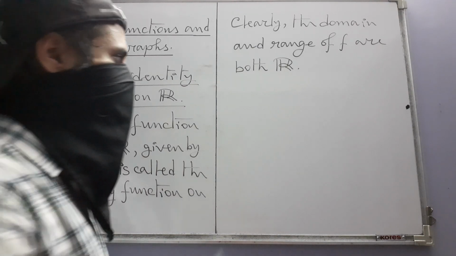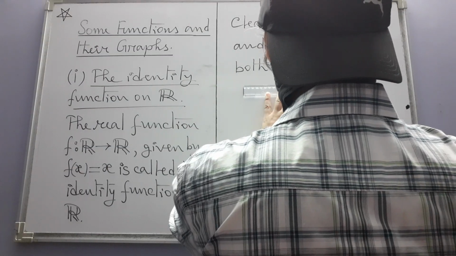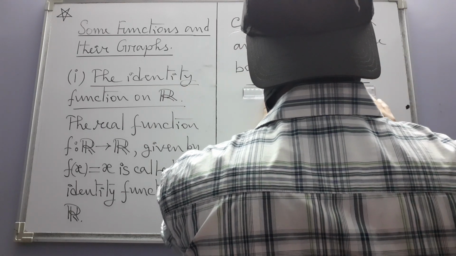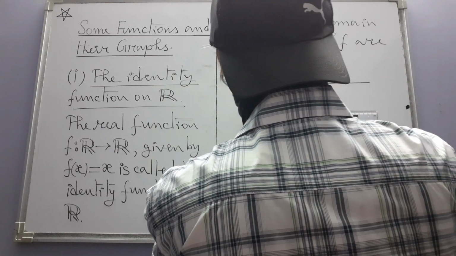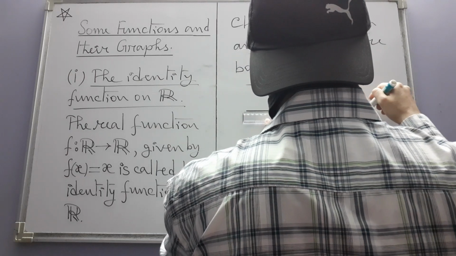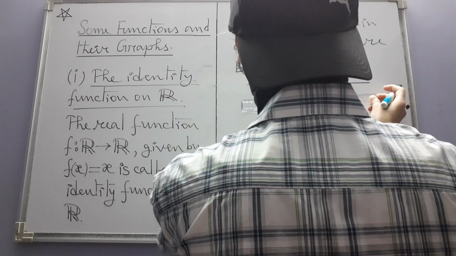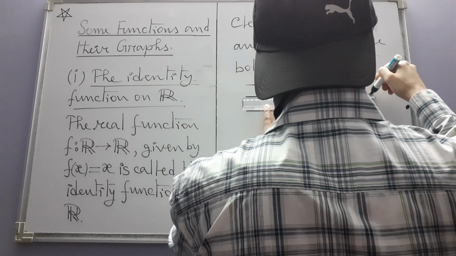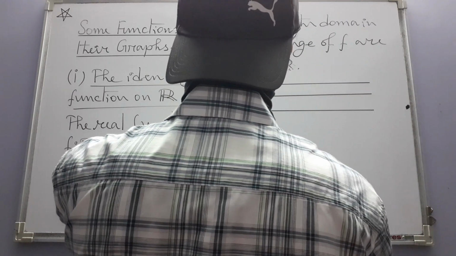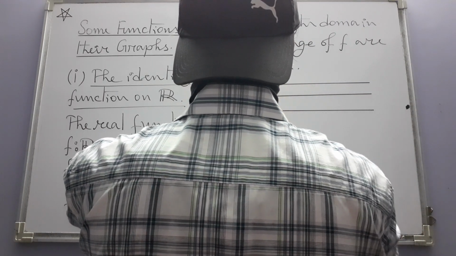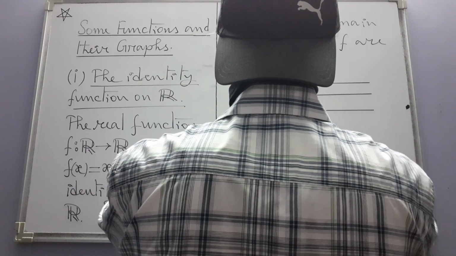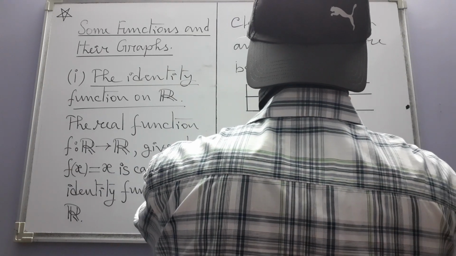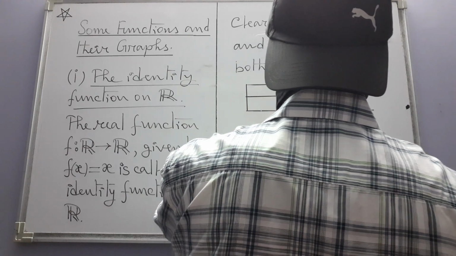So let's do that for this one. A small table of input values and corresponding output values. I won't take many points though, I will just take say 4 points.